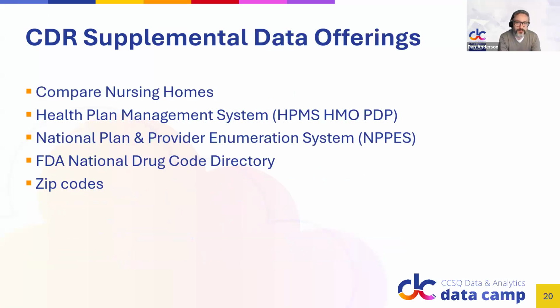There have been occasions where additional data needs to be added. Usually it's public data sources. And so we have one of our teams that will pull in from external websites, download the files and host them within the CDR. Some of those include Compare Nursing Home, the FDA National Drug Code Directory, zip code files, things like that.